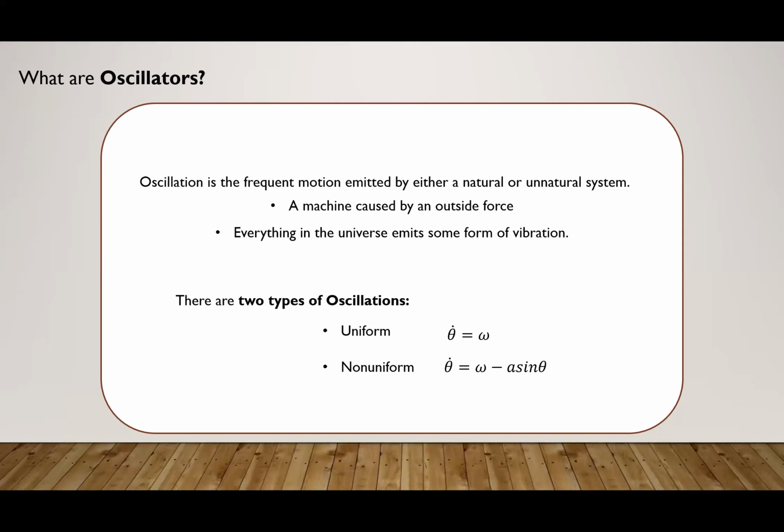Pretty self-explanatory in the name, but if we were to attach equations to it, we could use a general lowercase omega to state that the oscillation flows with the same constant frequency throughout time. And for the non-uniform oscillation, we could use a general lowercase omega once again, but changing it by subtracting an amplitude to it with a sine function to signify that the flow is not the same throughout the system.